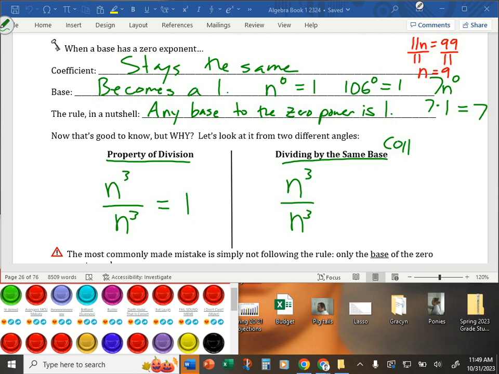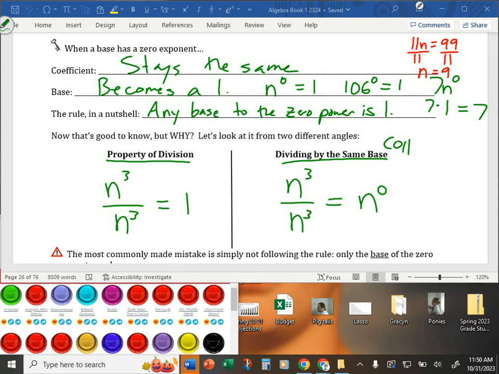According to CO11, what can we do with those powers to simplify? They get subtracted. What's 3 minus 3? 0. So we can rewrite n cubed over n cubed as n to the 0 power, because using the rule in CO11, the powers are subtracted, and 3 minus 3 equals 0.